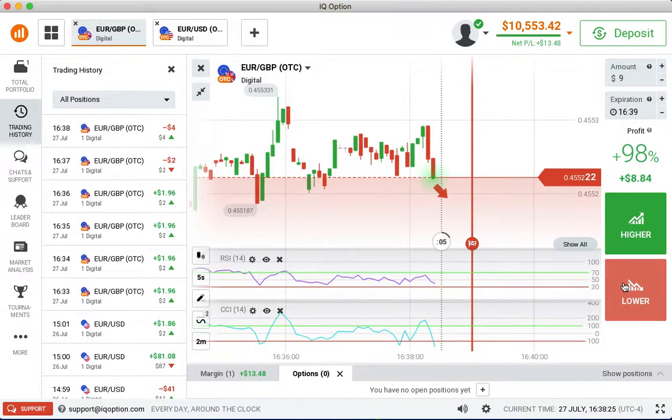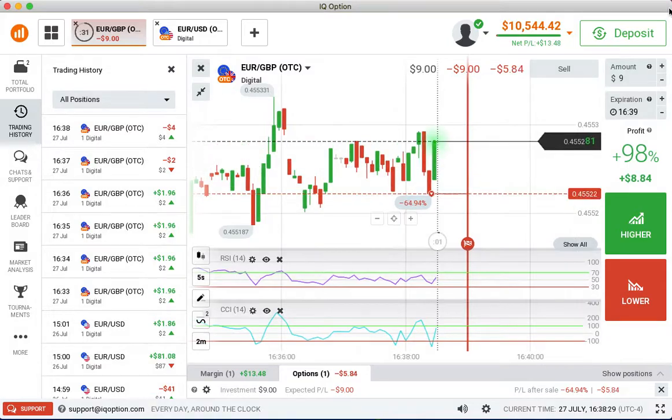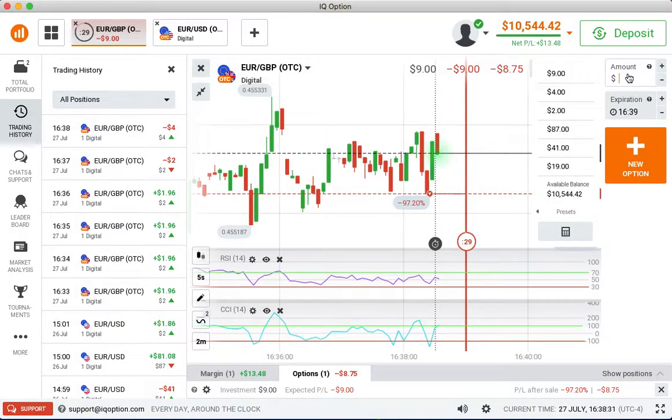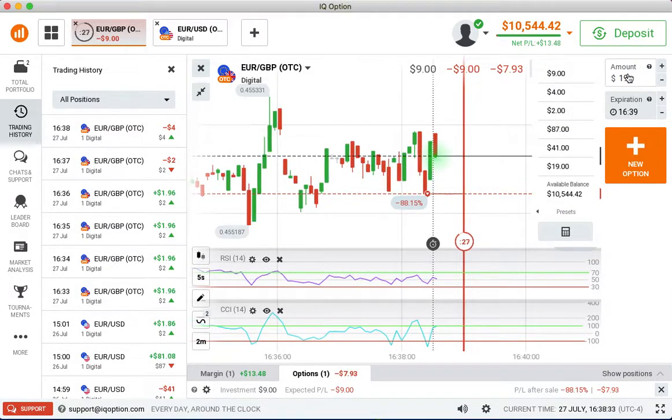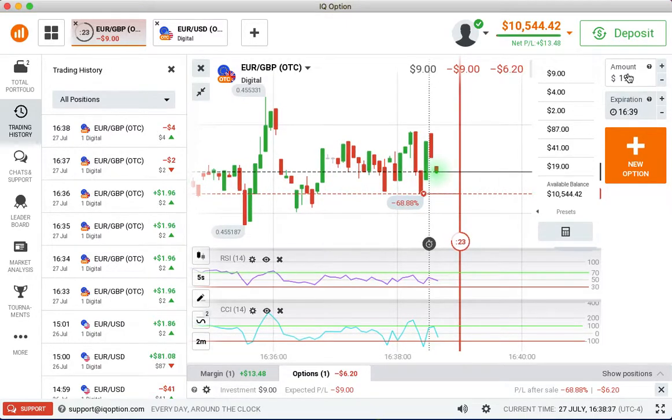So since both indicators are down, we sell here for nine at the 5 seconds, and if nine loses, we do 19, and that's if it loses. If it doesn't lose, then that's also a good thing.